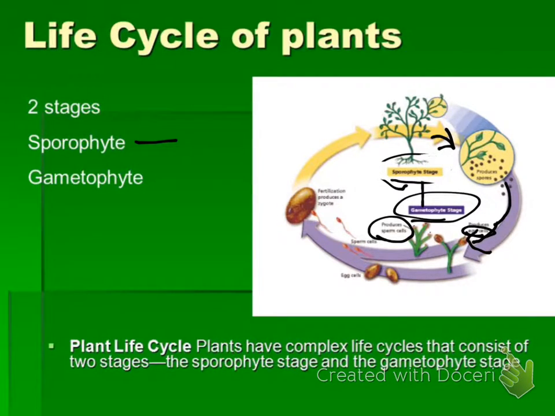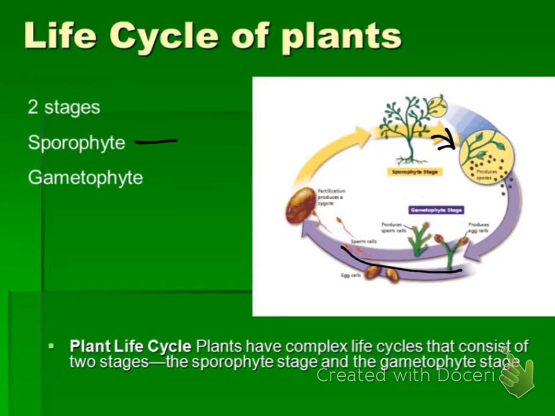All right, let me erase this quick. And then what happens is when they finally get connected, as you can see the little sperm cells here, and then the egg cell that's located here comes up into this life cycle, and the sperm ends up in the egg, it then produces a zygote. And we've talked about zygotes in the past.